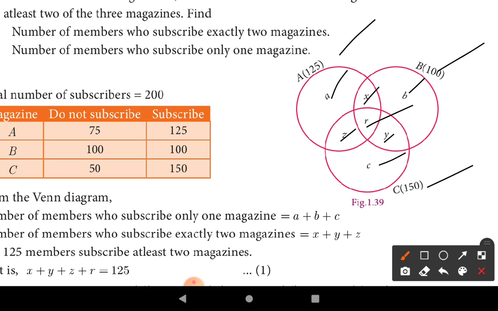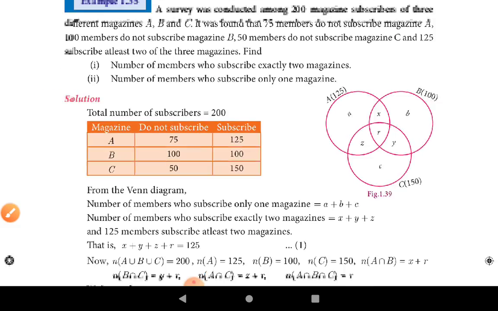So two magazines, which means X, Y, Z plus R. So this can be calculated as 125, because in R also you get three magazines: X, two magazines; Z, two magazines; Y, two magazines. Because Y means B and C, and X, A and B, and Z, A and C, and R, all the three, right? So when you add X, Y, Z plus R, it is 125. Okay, so I hope you understood this.